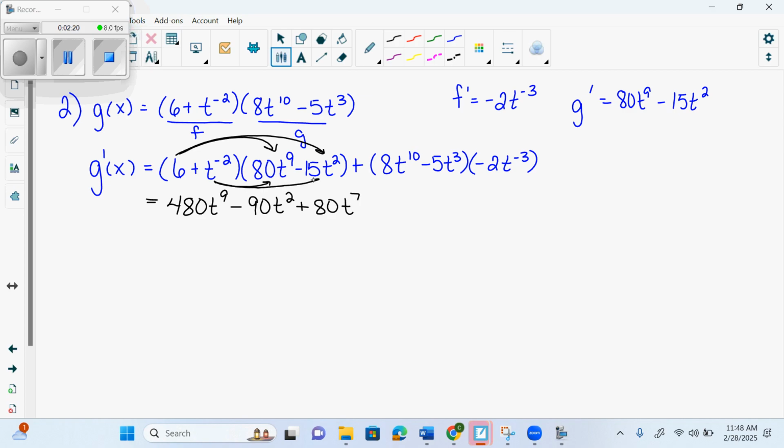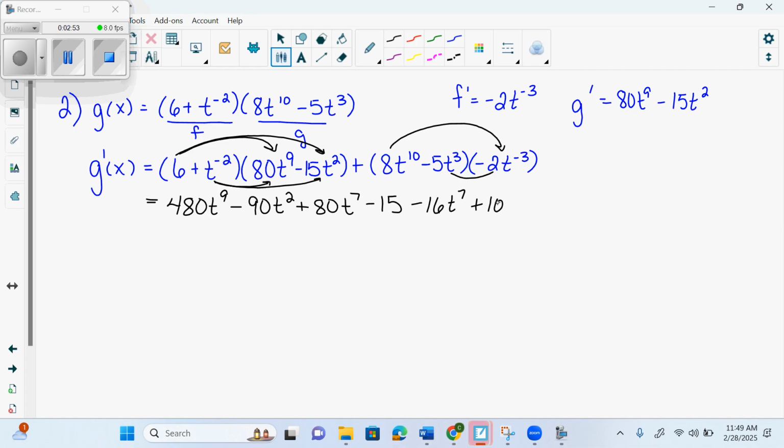And then T to the negative 2 times negative 15 T to the 2 is what? Yes, negative 15 T to the 0, which we're just not going to write. Because T to the negative 2 and T to the 2 just cancel. Okay? Then we have 8 times negative 2, so negative 16 T to the 7, and then positive 10 T to the 3, T to the negative 3 is T to the 0, so it goes away.